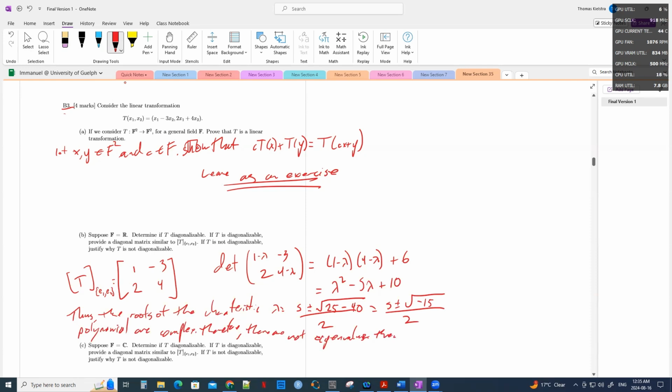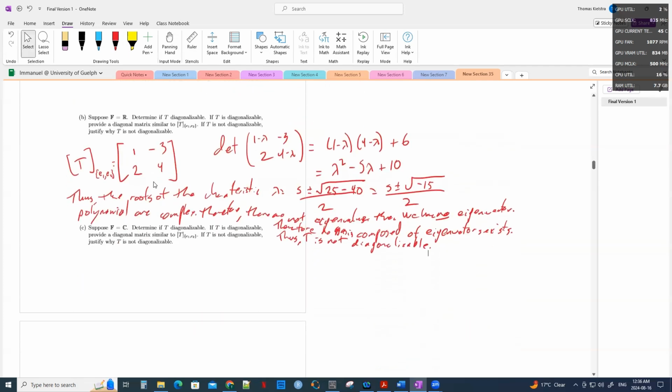Thus, we have no eigenvectors. Therefore, no basis composed of eigenvectors exists. Thus, T is not diagonalizable.